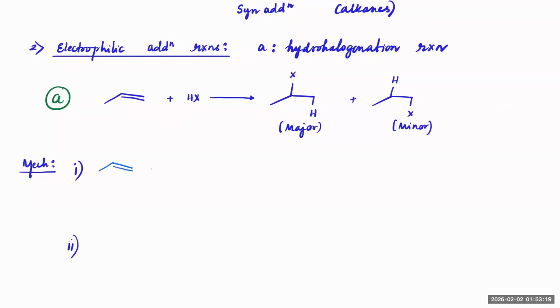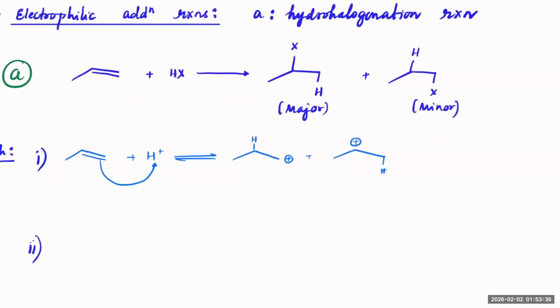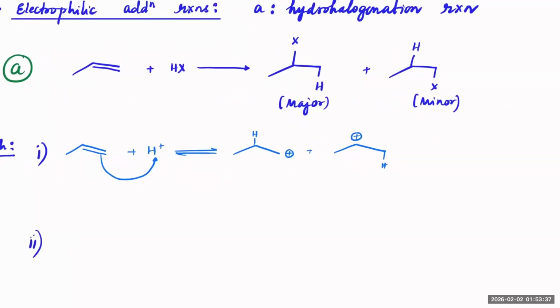The pi bond will take H plus present in the solution to convert this into either this carbocation, adding hydrogen here, or it will add hydrogen here with this carbocation. You can clearly notice that we are getting a 1 degree carbocation here and a 2 degree carbocation here, and the 2 degree carbocation is more stable.